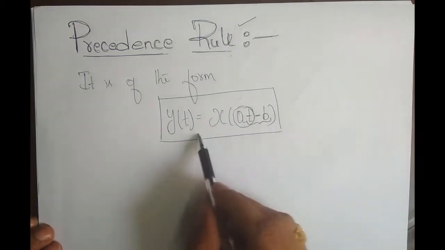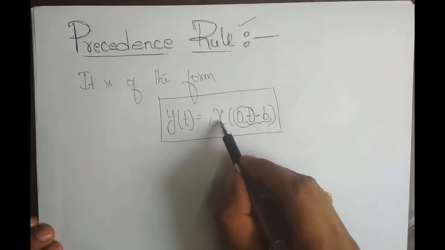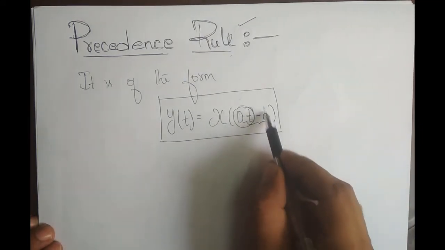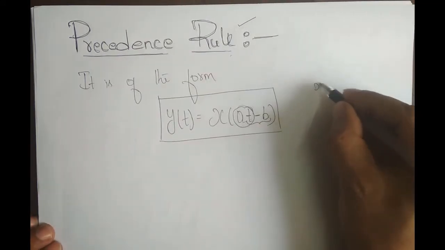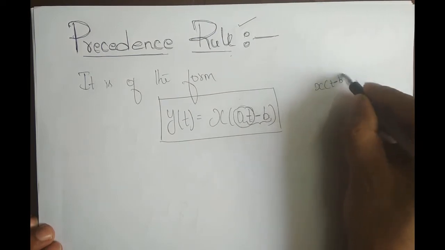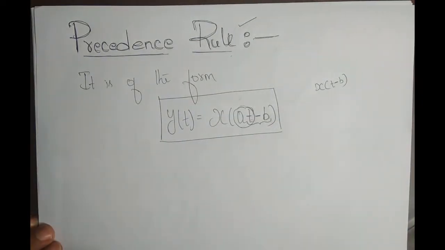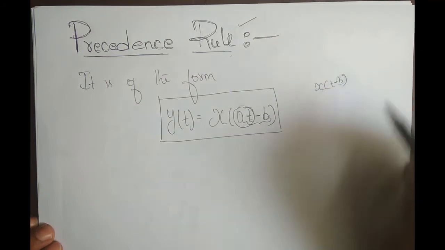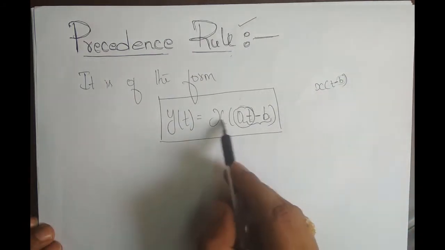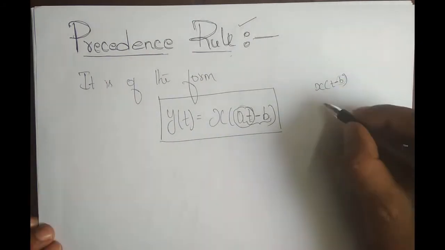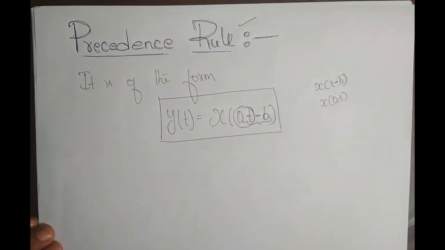Which part is the time shifting part here? x of t minus b is the time shifting part, so I have to shift the signal right by b. Which part has the time scale operation? It is x of a into t. So a is the scaling factor.